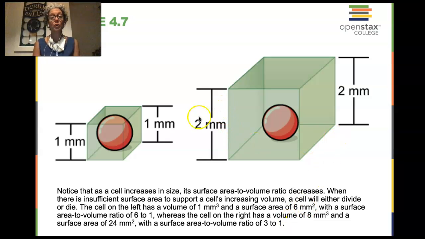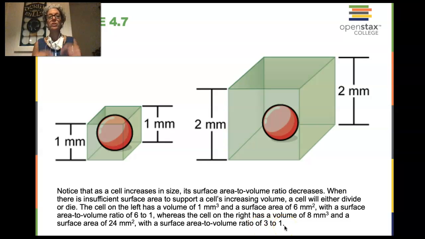And we cube the units because millimeters times millimeters times millimeters. So 8 millimeters cubed. So our surface area, which is 24, to volume, which is 8, if we have 24 to 8, we can reduce that and simplify it to 3 to 1.